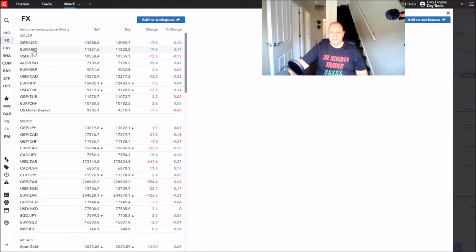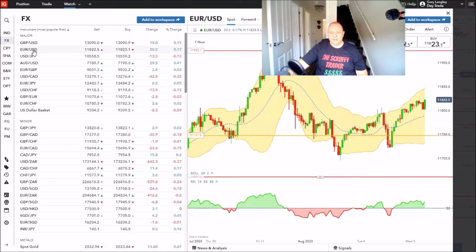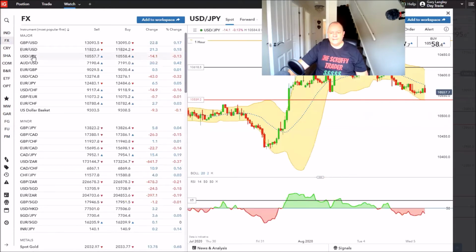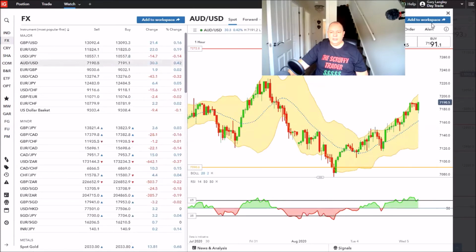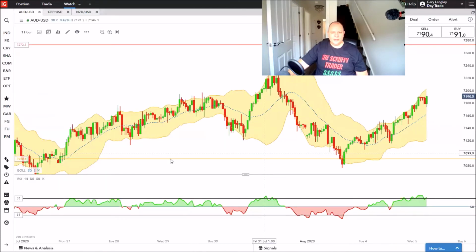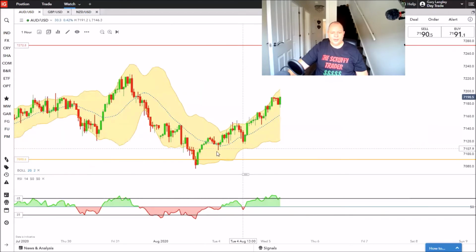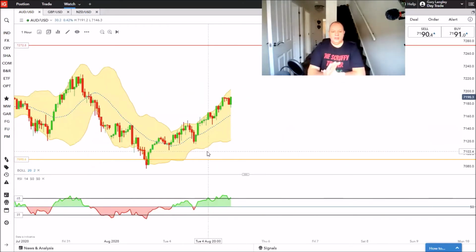Euro dollar. And not a lot happening there. Okay. Actually, this is a good example to show you guys. On the strength meter, it showed you that the Australian dollar was stronger than the US dollar.